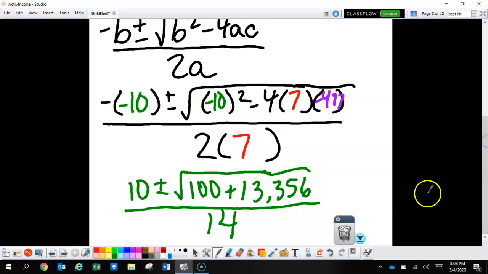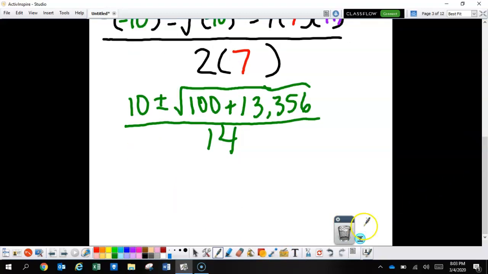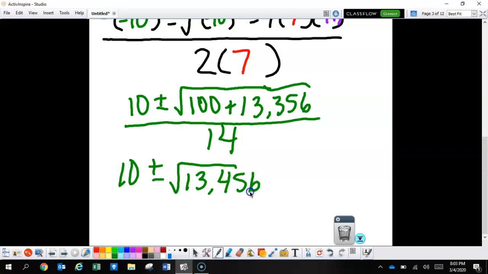Okay. And then 100 plus 13,356 is 13,456. So 10 plus or minus the square root of 13,456 over 14.